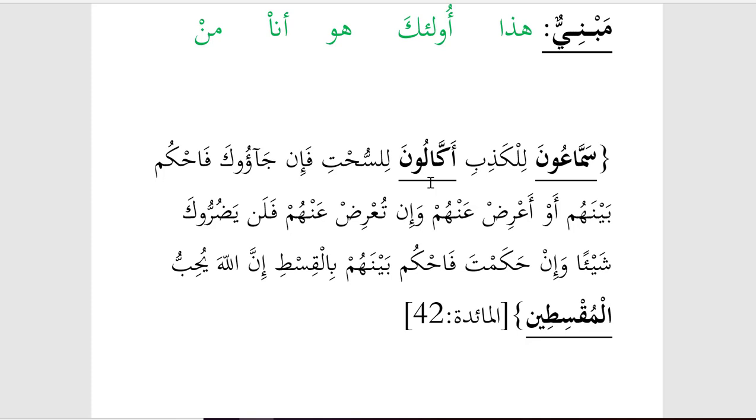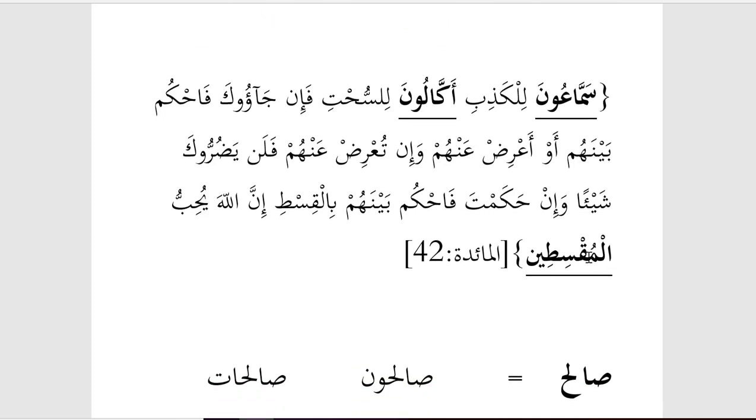So Allah says samma'una, so there's more than one of them. The waw and the noon indicate that it's plural, a preserved plural because of the waw and the noon. Samma'una lil kadhib, akkaluna lis-suht. Constantly listening to lies, constantly eating impermissible wealth and bribes.